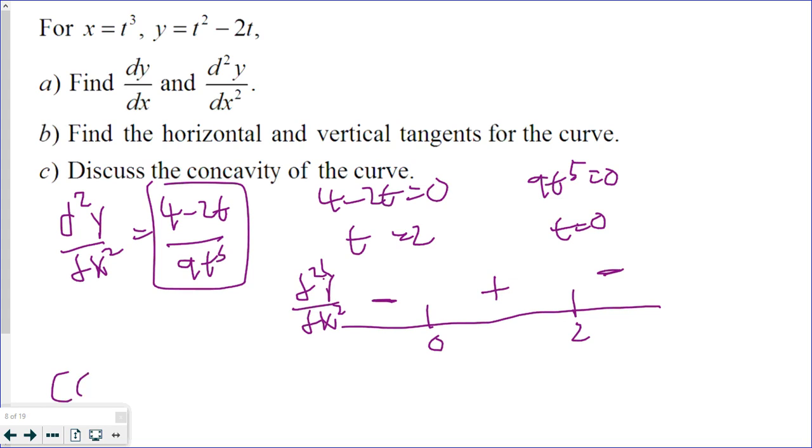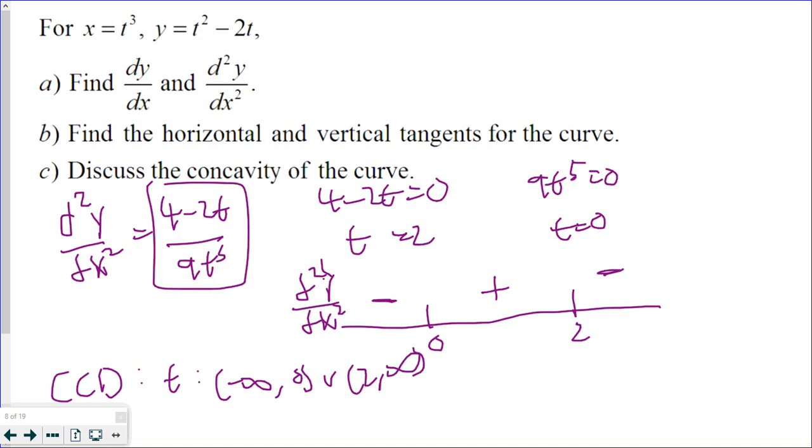So when we're discussing concavity, we'll discuss it in terms of t, right? We are concave down whenever t is between negative infinity and 0, as well as 2 to infinity.